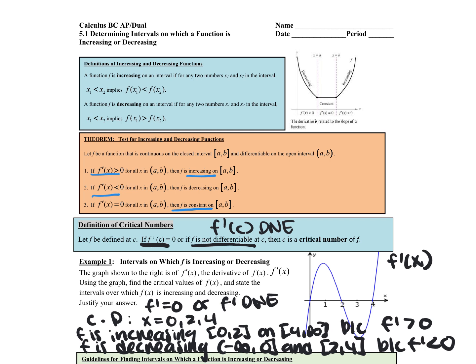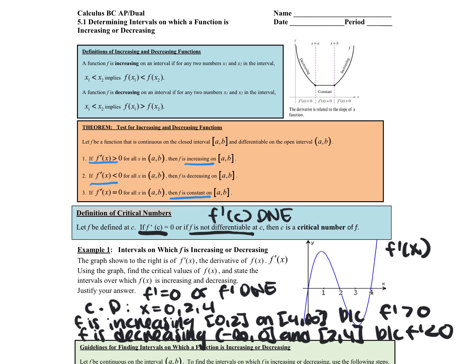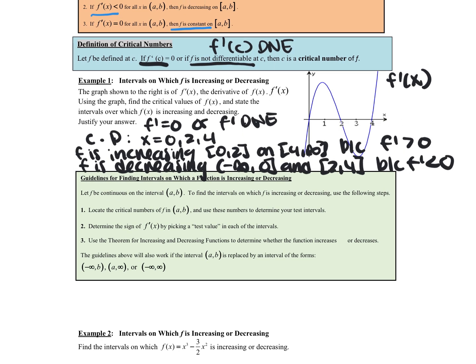So this little blurb down here is telling you how to figure out the process that we just did. Guidelines for finding if a function is increasing or decreasing. You find the critical numbers first, and then you test values in the intervals. We didn't have to do that here because we had the graph of f prime.